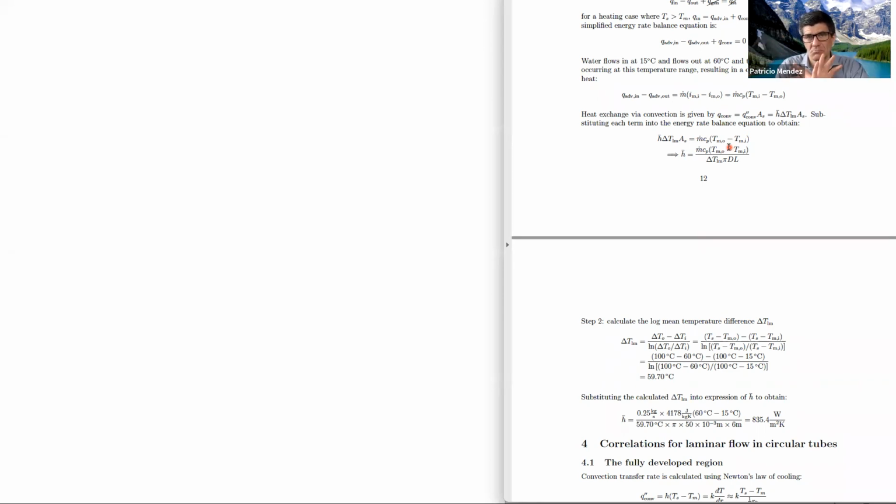And advection, no problem with that. So we have this temperature difference for advection. And for convection, heat transfer between the fluid and the pipe, then we have to do the delta T log mean. Then it is just a matter of plugging and chugging, and we end up with a result.